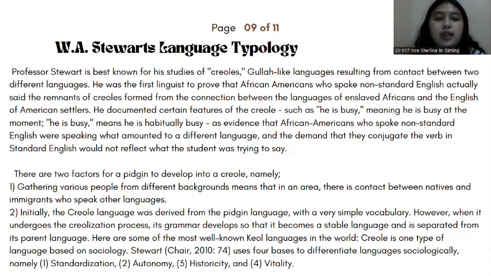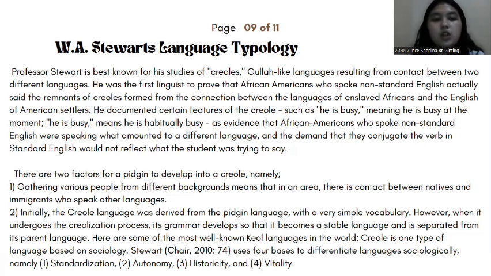And the second is that Creole languages are derived from pidgin languages with a very simple vocabulary. However, when it undergoes the creolization process, its grammar develops so that it becomes a stable language and is separated from its parent language. Here are some of the most well-known Creole languages in the world.